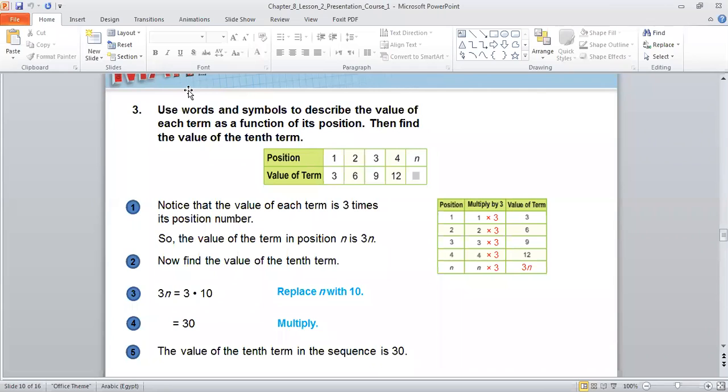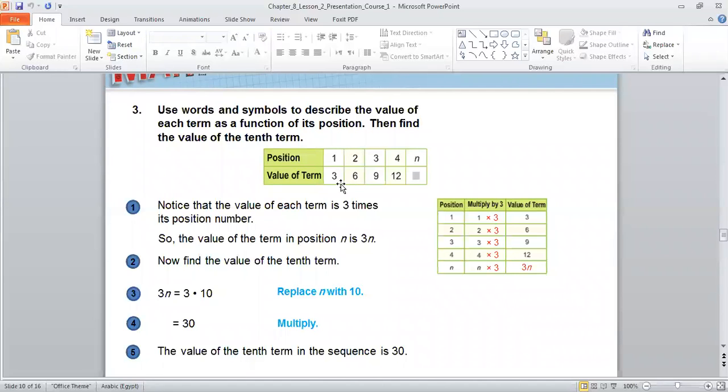Then find the value of the 10th term. He needs the 10th term, term number 10. Look with me, please.